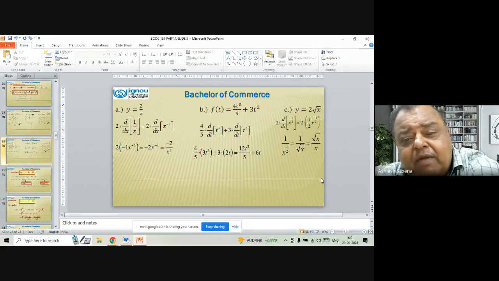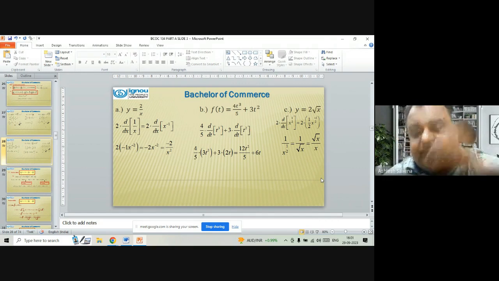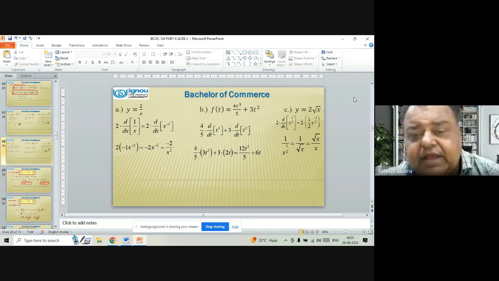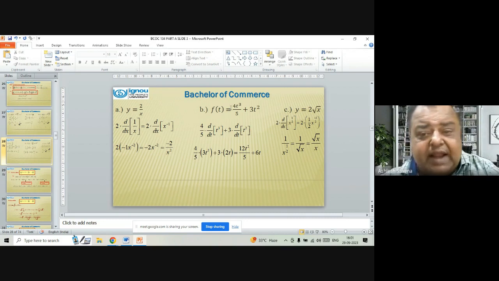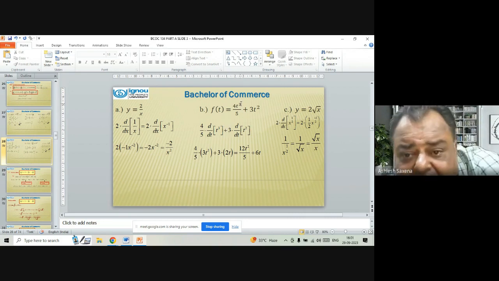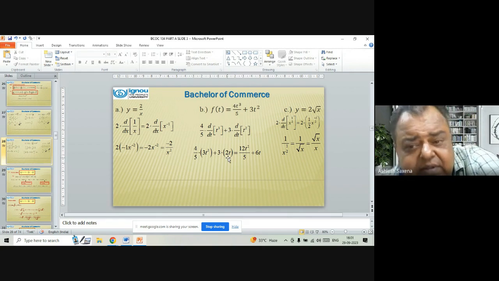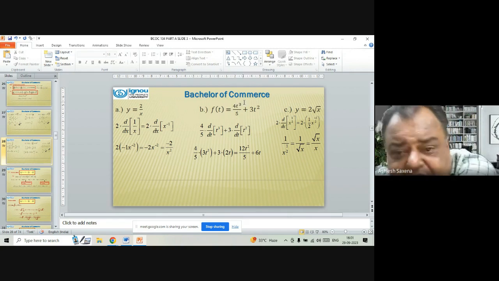Second type of problem is f(t) is equal to 4t cubed by 5 plus 3t squared. When you are going to differentiate, this f(t) will be transformed to f dash t. And on the right hand side, multiply this 3 by 4. It will be 12 t squared, reducing the power by 1, divided by 5.